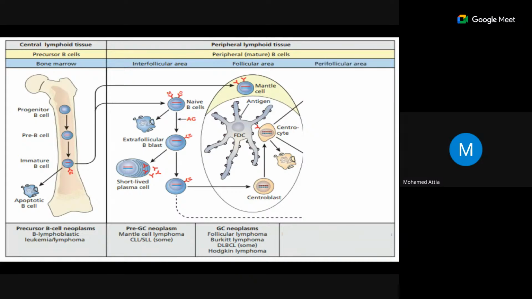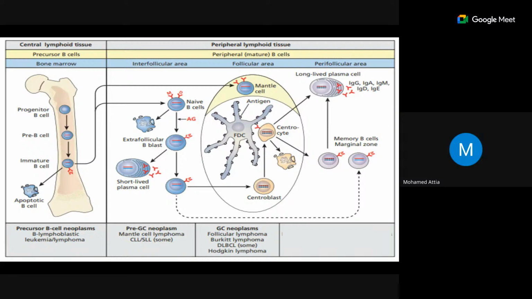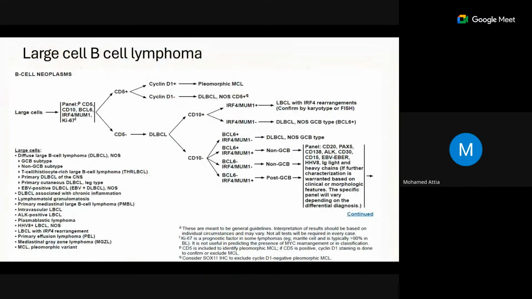After the follicular area has been formed and the cells go out, another kind of malignancy occurs: some of the CLL, and of course marginal zone lymphoma, and those cells with plasmacytic differentiation, because these cells now become plasma cells. So lymphoplasmacytic lymphoma, plasma cell myeloma, and similar diseases, what we call plasma cell dysregulation. These are the kinds of lymphoma that occur.